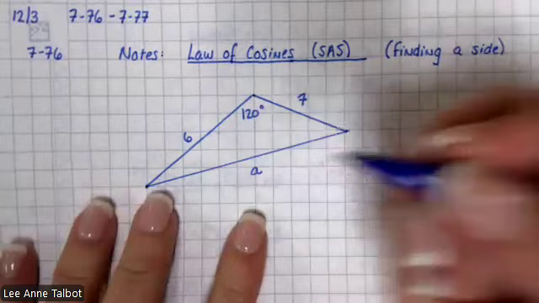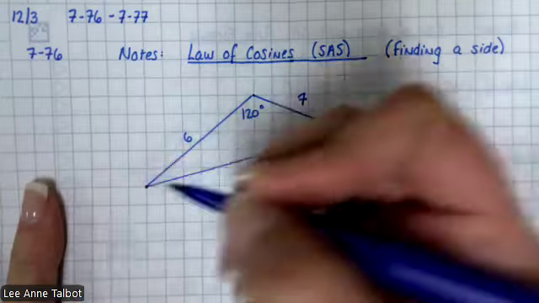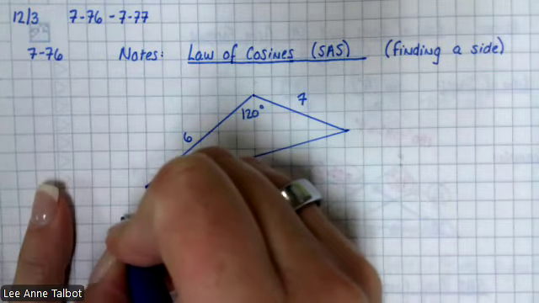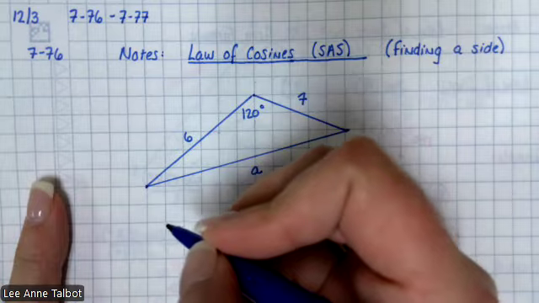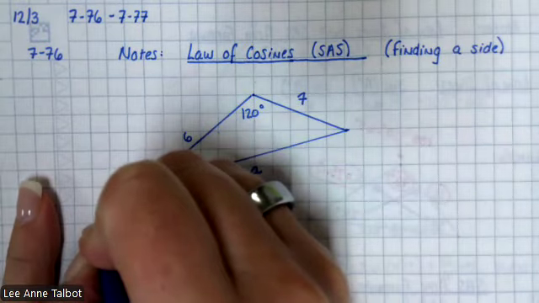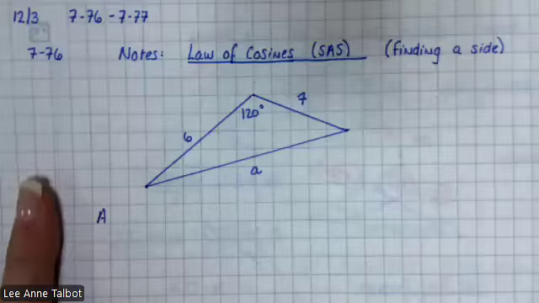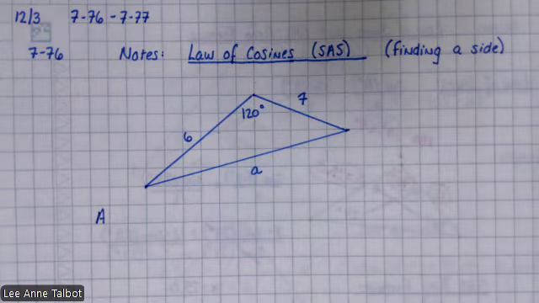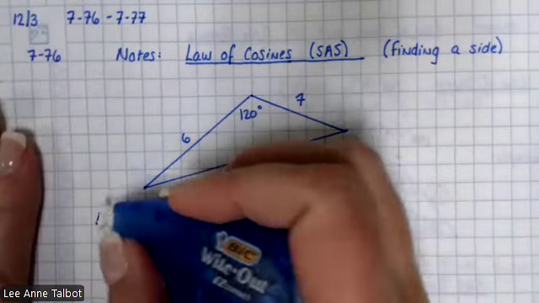Okay, so law of cosines goes like this. Oh, yes. Sorry. Good, thank you for asking. That's wrong, I already did it wrong. It's supposed to be a little a.